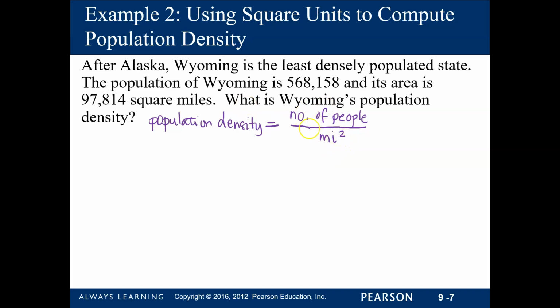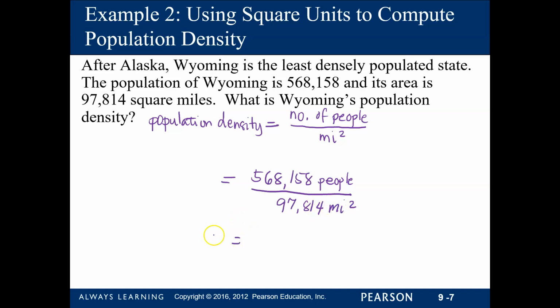So in the case of Wyoming, all we need to do is get the population, which is 568,158 people, and how many square miles is the land area of Wyoming? It's 97,814 square miles.